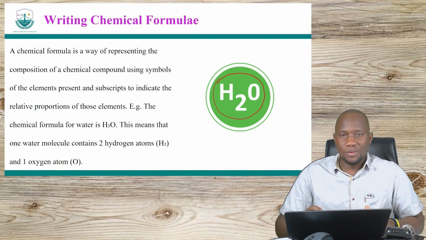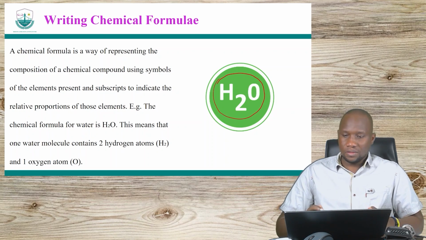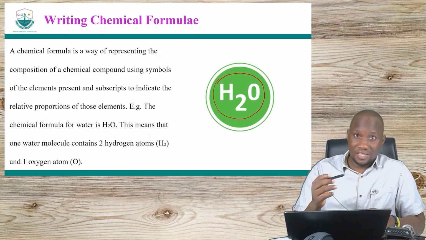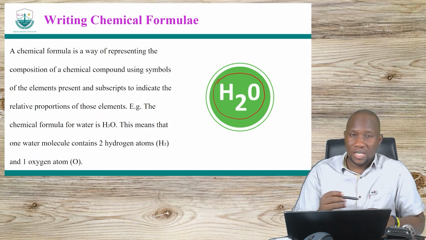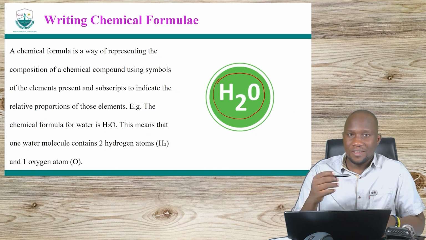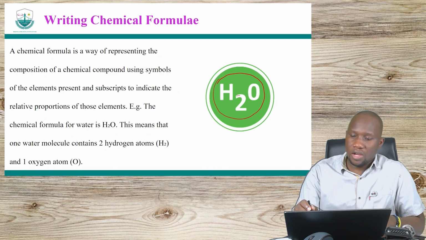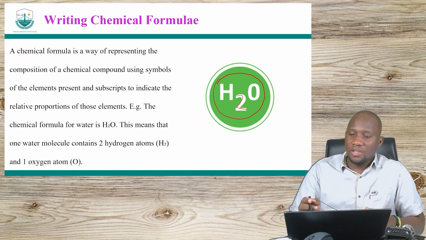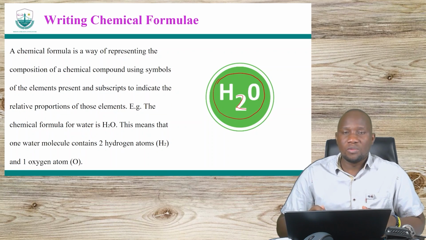What does this tell you? It tells you that water is existing as a molecule, right? That's something that we looked at earlier on. So in that molecule of water, you have 2 hydrogen atoms combining with 1 oxygen atom. So it is telling you that for every oxygen atom, you need to have 2 hydrogen atoms.